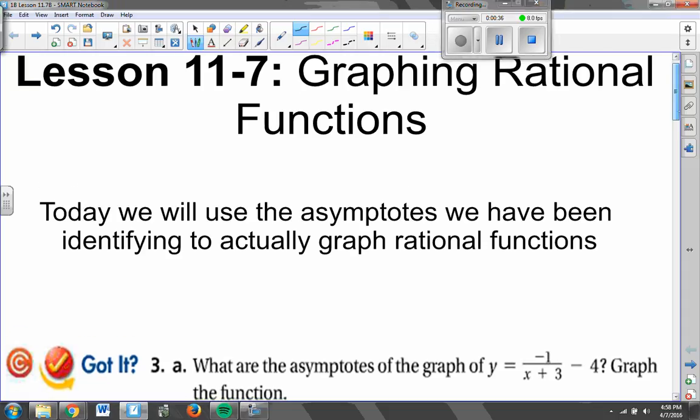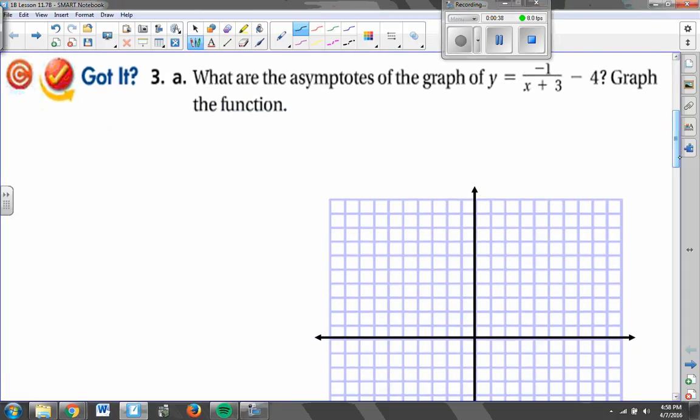And we'll start with this example, where they're asking us to identify the asymptotes of the graph y equals -1 over x plus 3, all of that minus 4, and then graph the function as well. And so I'm going to start by identifying the asymptotes.